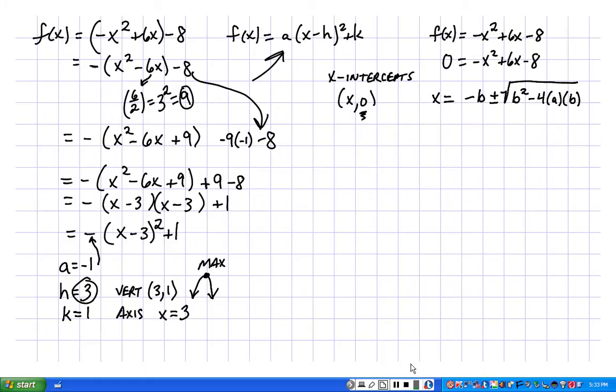It's a mistake. That should be a c. 4ac all over 2 times a.